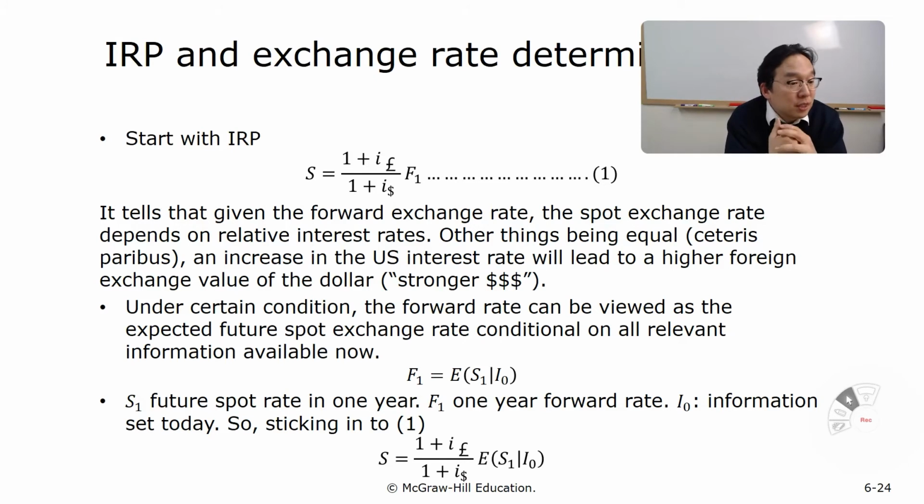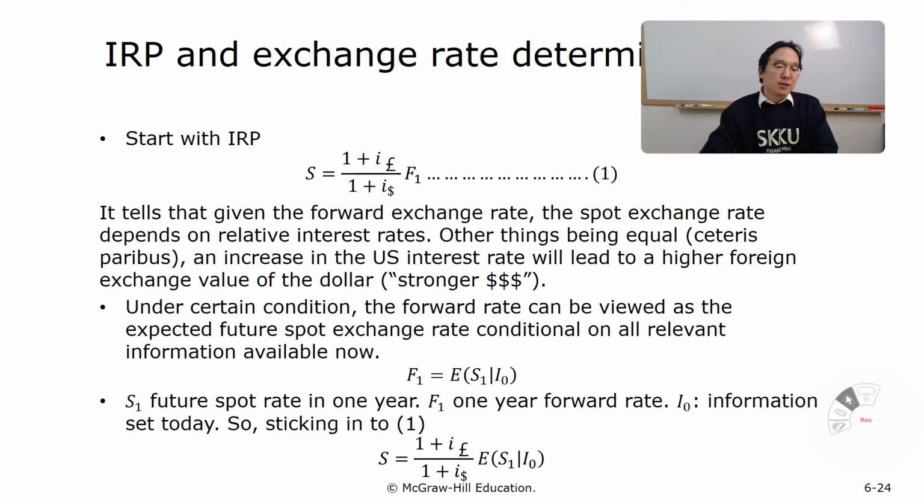Under certain conditions, the forward rate can be viewed as the expected future spot exchange rate conditional on all relevant information set available right now. So forward rate is nothing but the expected spot rate in the future, given all the information that you have right now.